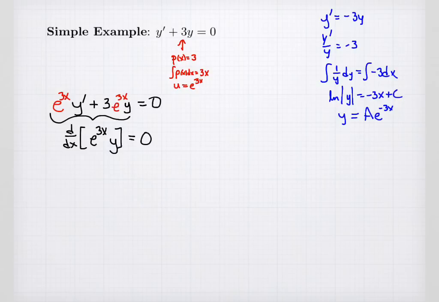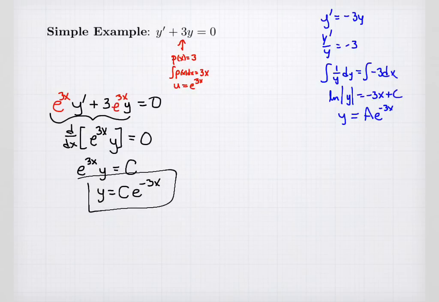Alright, so now I've got my derivative on the left is equal to 0, and the only way that the derivative could equal 0 is if e to the 3x times y was a constant. And so if I solve for y, I get y equals a constant times e to the minus 3x. This is my general form.